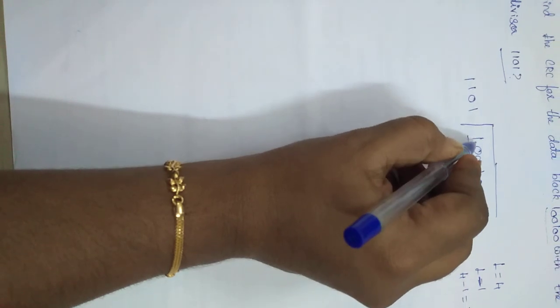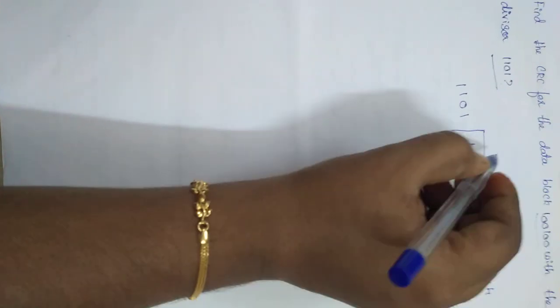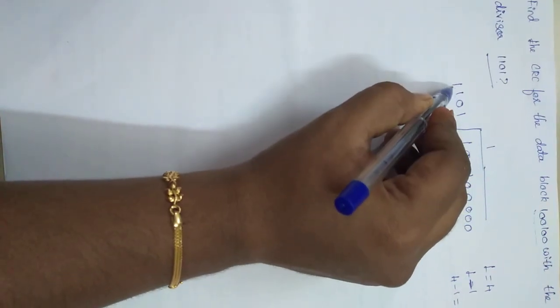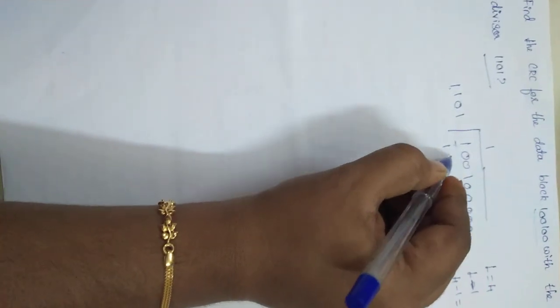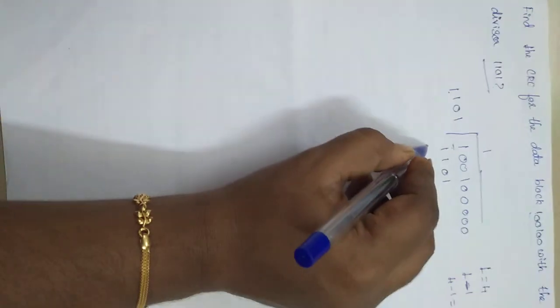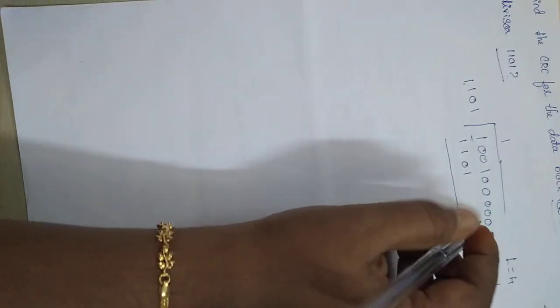Before that, first look at the first bit, which is 1. So we put 1 in the quotient, and with the divisor 1101 we perform an XOR operation.